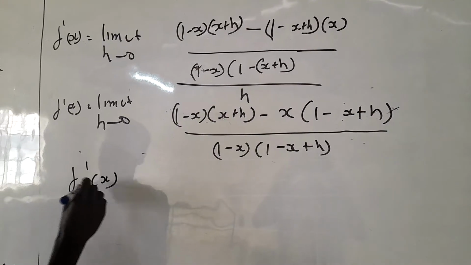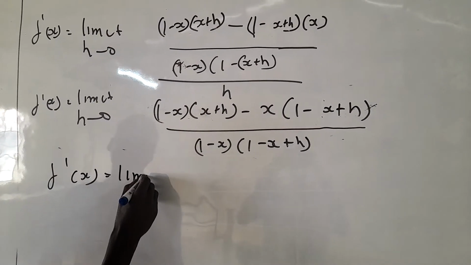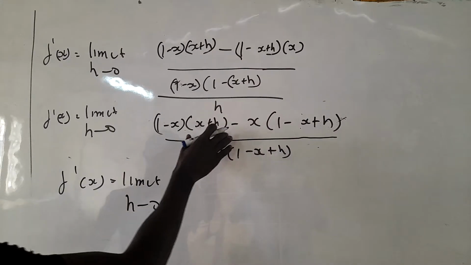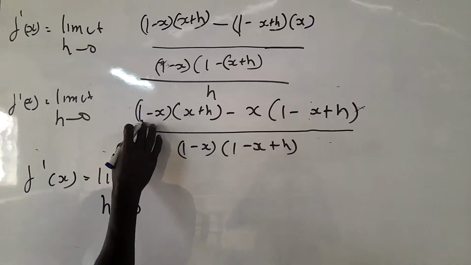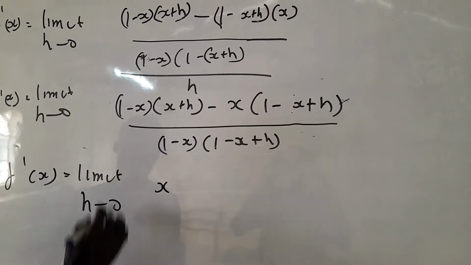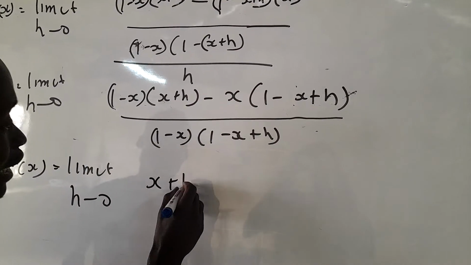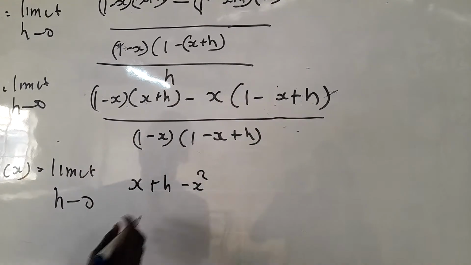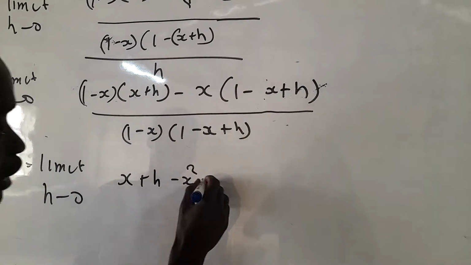But x, when the limit h is approaching 0, let us open this bracket. So 1 times x, that is x. 1 times h, plus h. Then negative x times x, that is negative x squared. Negative x times h is negative xh.